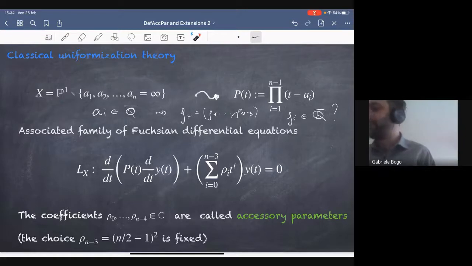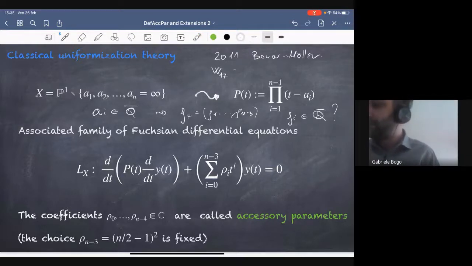But again, this is not true, because a differential equation was discovered, I think in 2011. It's called the Möller differential equation, which is a uniformizing differential equation for a very special curve, a so-called Teichmüller curve, which is called W17, and is uniformized by a group, now called gamma of W17, and this group is not commensurable with any subgroup of a triangle group.